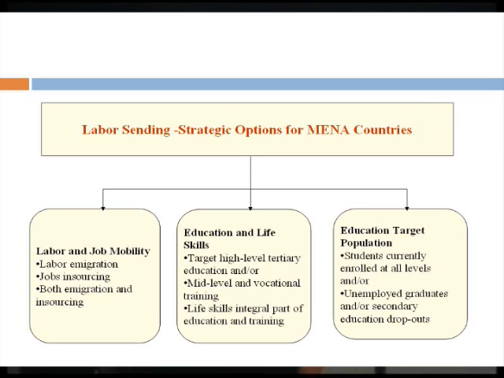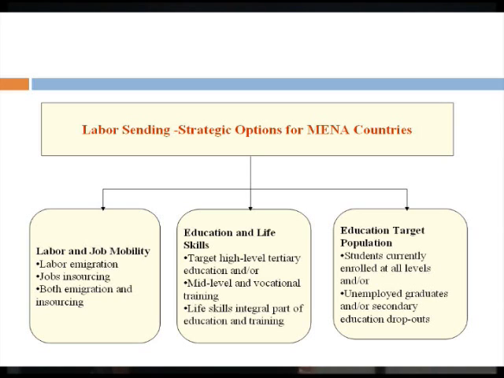But the situation is more complex than that, and many MENA countries are starting to become both sending and receiving, so they really should be working on both sides of the matrix on the policy front. But for the time being, let's keep things relatively simple. So MENA countries face three main strategic questions. Do they want to target labor mobility, that is migration, job mobility, that is, let's call it insourcing, attracting jobs in the service sector, or both? And many of them are already doing both.